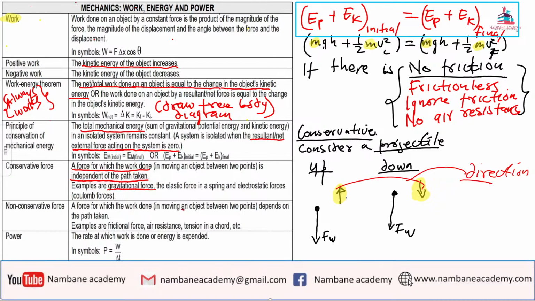Because regardless of whether we have an object that is horizontal or on an inclined plane, Fw or the gravitational force will definitely be there. So I have just completed another part, the concept of the conservative force.